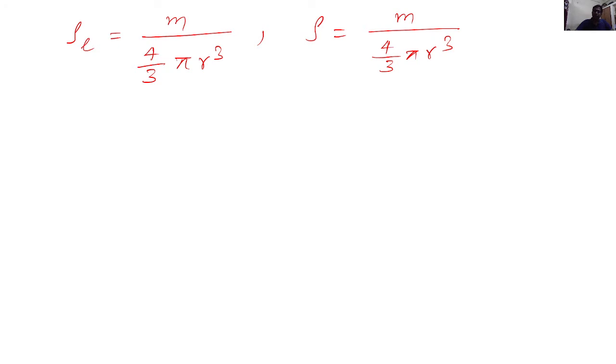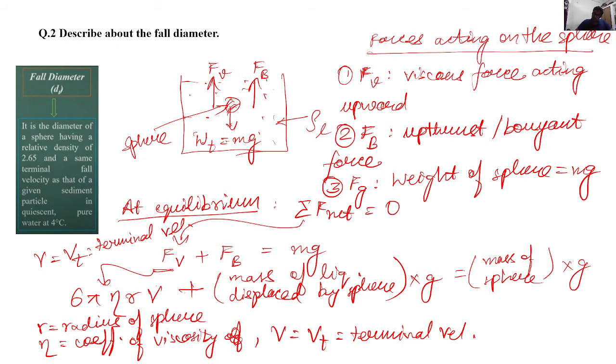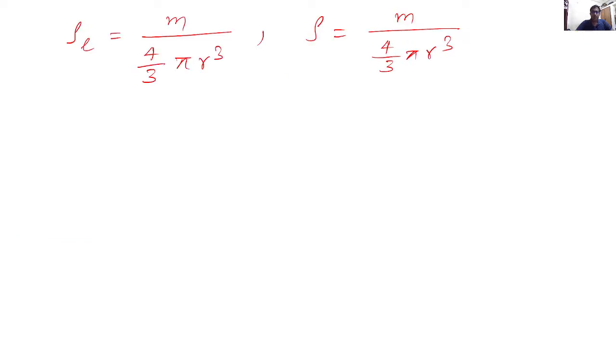So we just put it into the expression which we just got into equation star. So we will get the viscous force term, that is 6 pi eta r Vt. Vt is the terminal velocity term. Then we're just converting the mass using density.